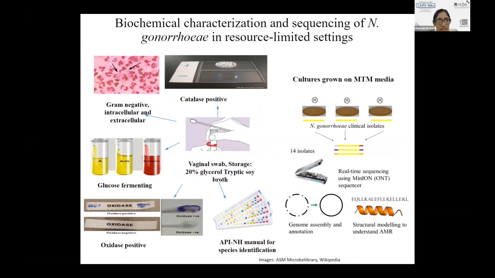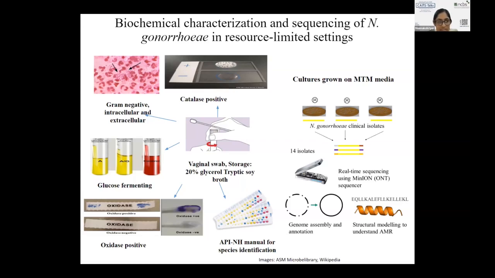So here various tests were done, like Gram staining, then the presence of Neisseria intracellular to neutrophils. So they survive within neutrophils, and as neutrophils spread to different parts, these bacteria are spread to different parts. So that is something that was looked for, followed by catalase positive, oxidase positive organisms.